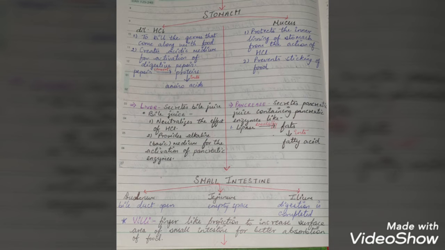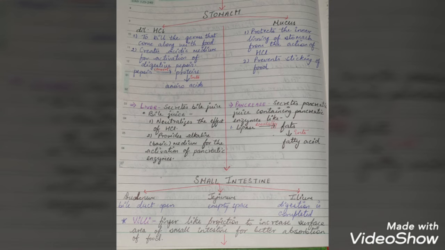Before entering small intestine, two more glands act upon the food particles, the liver and the pancreas. Now liver secretes bile juice which neutralizes the effect of HCl, as it is basic in nature, or you can say it is alkaline in nature. And the most important function, it will provide an alkaline medium for the activation of pancreatic enzymes.